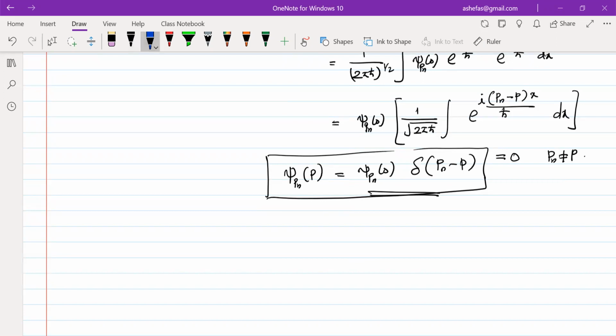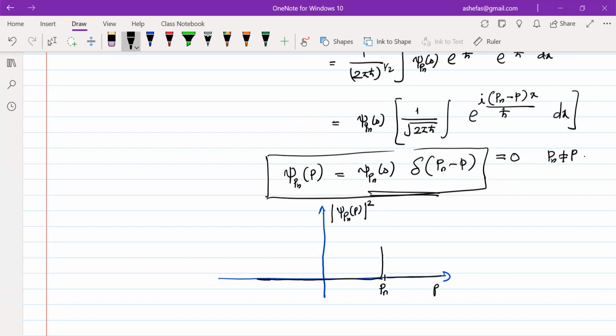Now if you plot the graph between the mod square of psi Pn of p with p, this wave function is 0 at all points except when p equals Pn. At Pn equal to p, it will go up to a very high value.